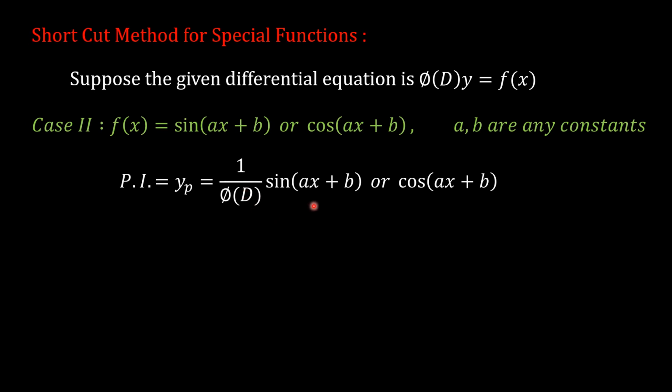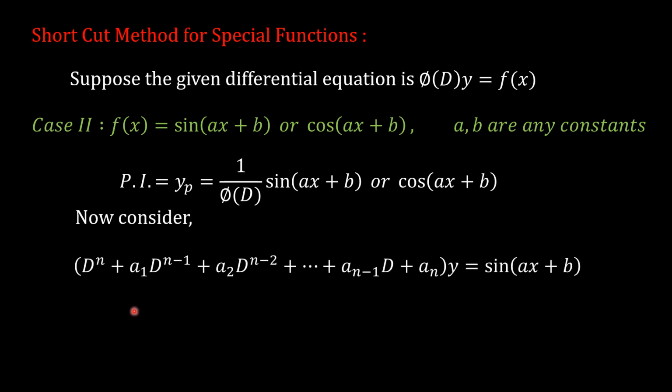Here it is the trigonometric sine function or the cosine function. We will consider phi of D, which is D raised to n plus a1 D raised to n minus 1, and so on, an minus 1 D plus an, of y is equal to, in particular, we will consider first the trigonometric sine function sine of ax plus b.